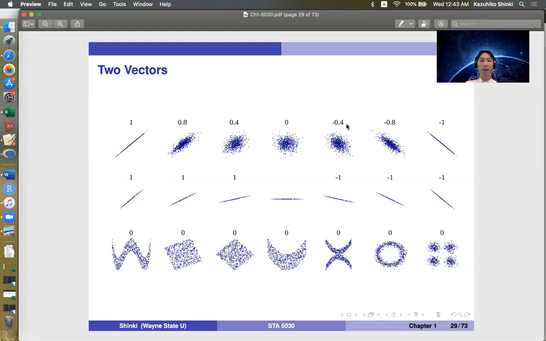And in the negative case, we have the same: negative 0.4, negative 0.8, and negative 1. The slope isn't really related to the correlation coefficient. The correlation coefficient is a kind of scale-free measure of the relationship between x and y. For example, if x is weight and y is height, whether x is measured in kilograms or pounds, the correlation coefficient doesn't change.